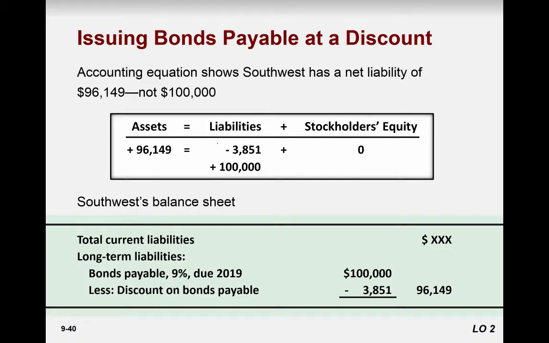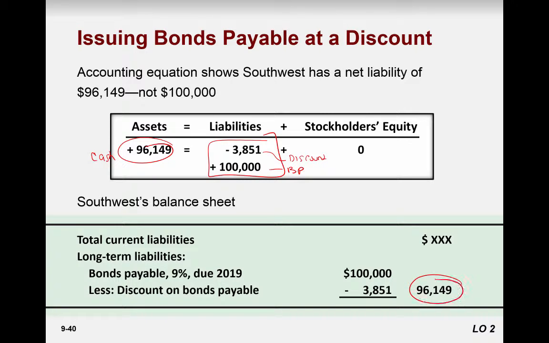If we look at the accounting equation here, the net effect is still the same. We have the $96,149 for the cash, and here are our two accounts in the liabilities: the discount on the bonds and the bonds payable. And then you see how it would look on the balance sheet.